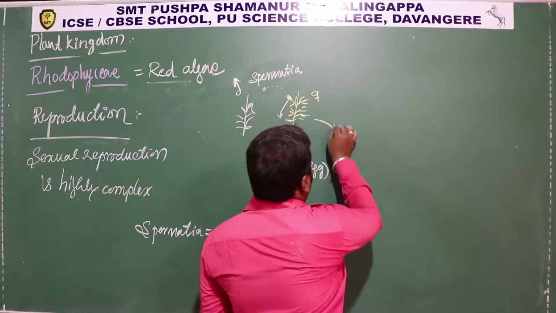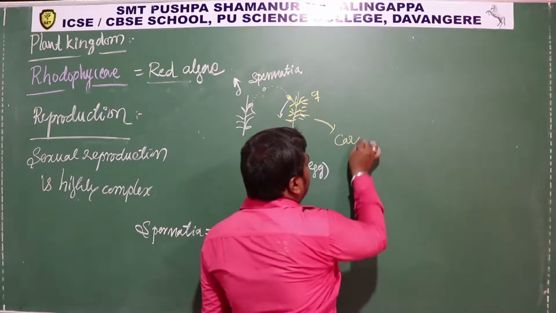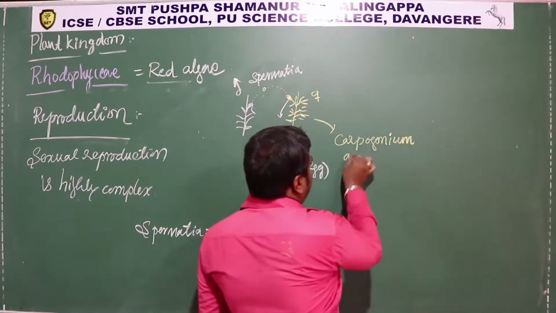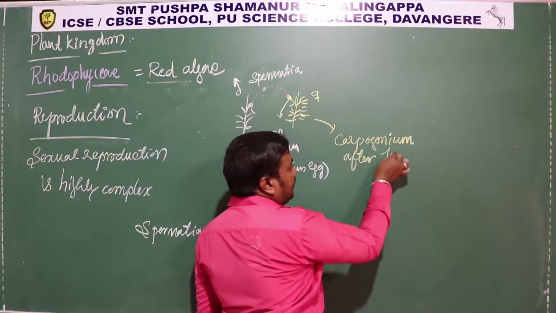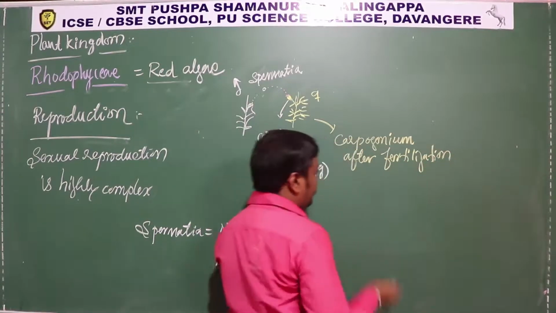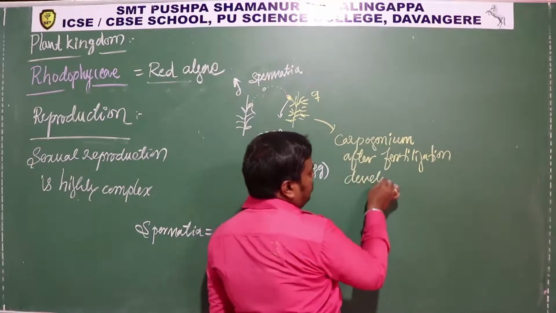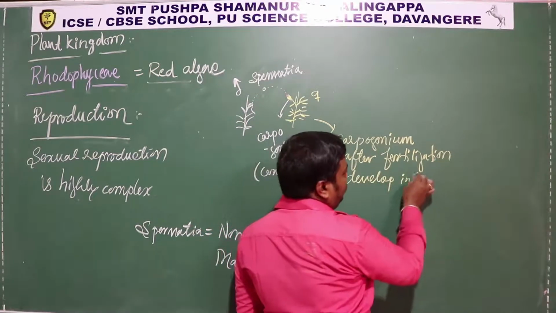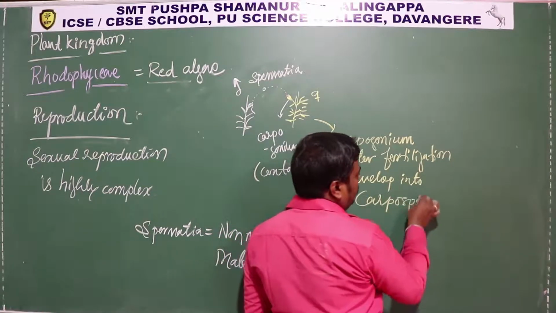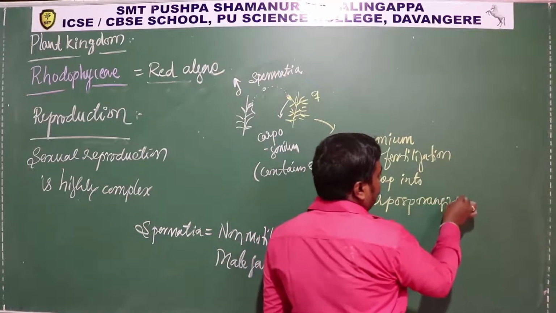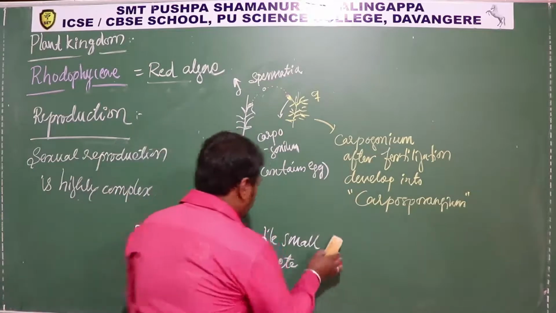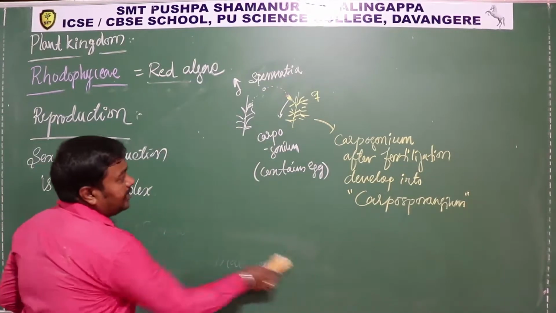So here the carpogonium after fertilization develops into carposporangium. This carposporangium produces carpospores later.